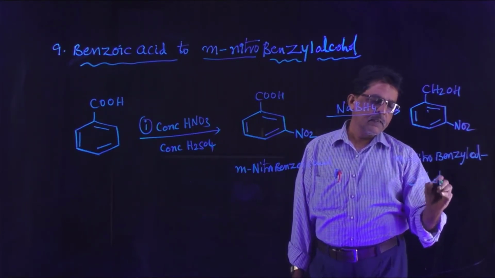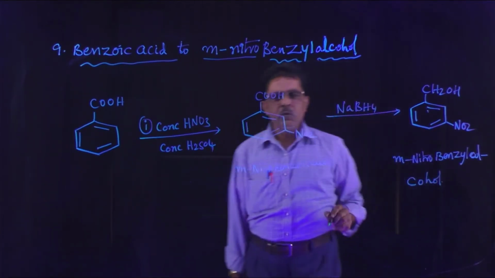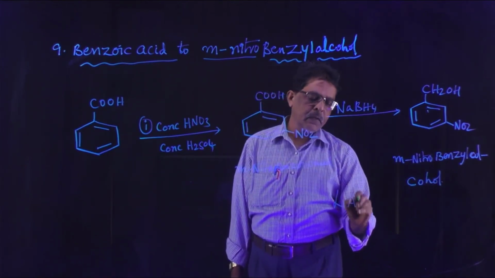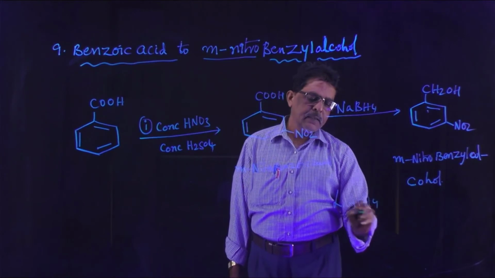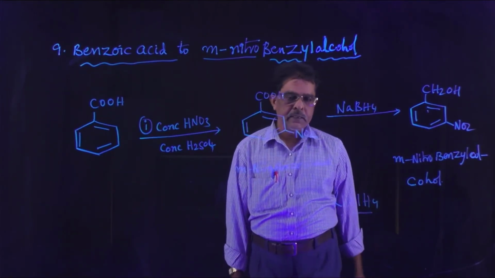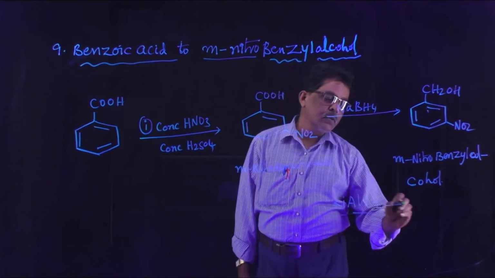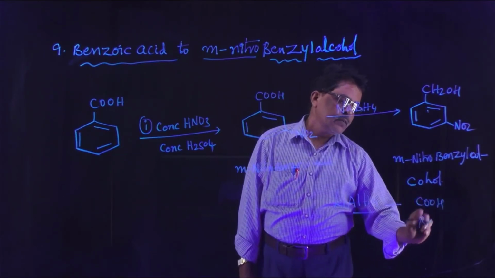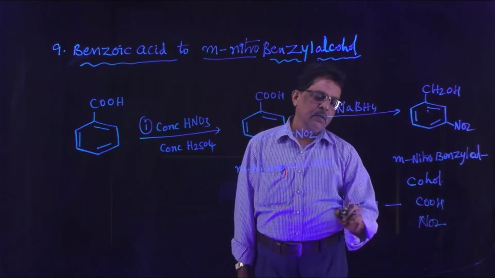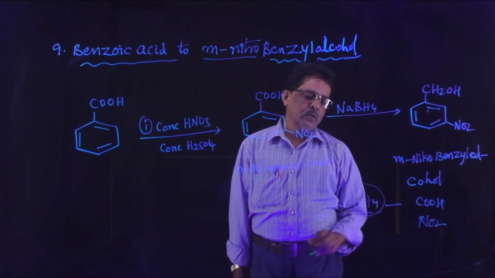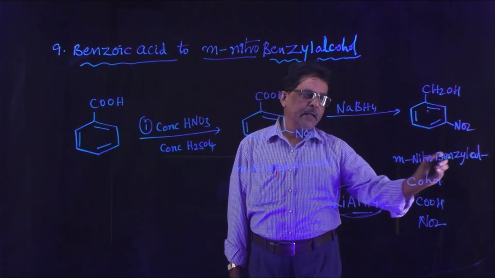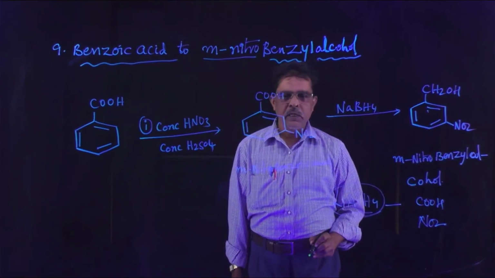In place of sodium borohydride, if you take lithium aluminum hydride, this is a strong reducing agent. It can reduce both the COOH group and the NO2 group also. So we should not use this reagent to obtain M-nitrobenzyl alcohol.